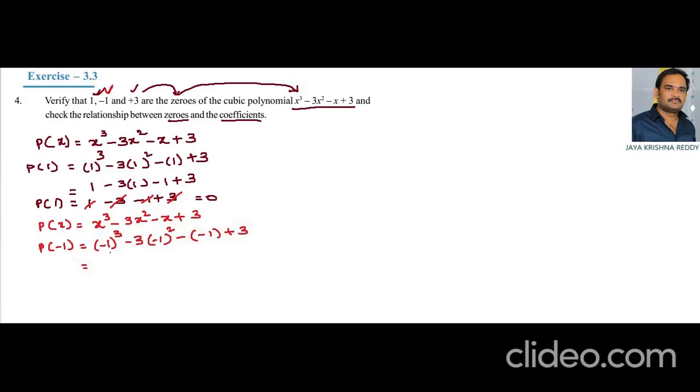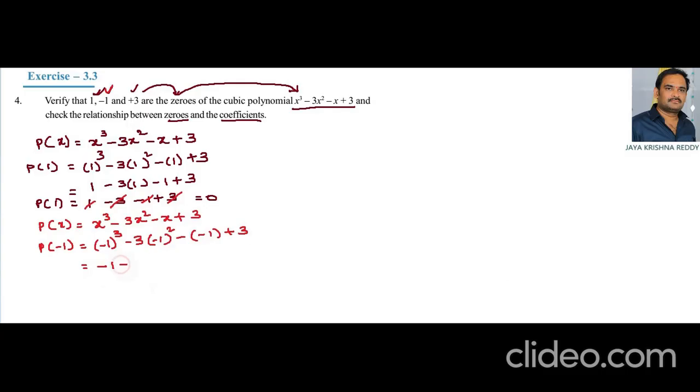Minus 1 whole cube means you have to write minus 1 into minus 1 into minus 1. First you have to multiply the symbols: minus into minus is plus, plus into minus is minus. Next multiply the numbers. So minus 1 whole cube is nothing but minus 1.